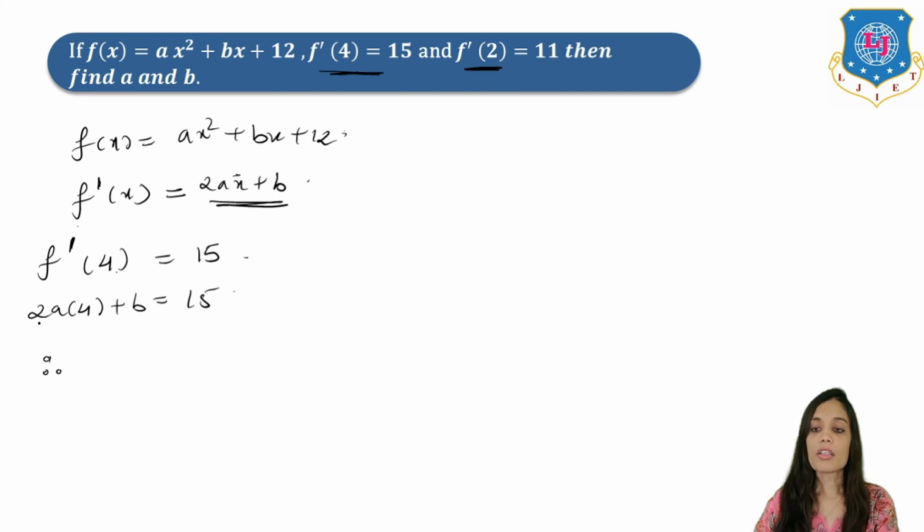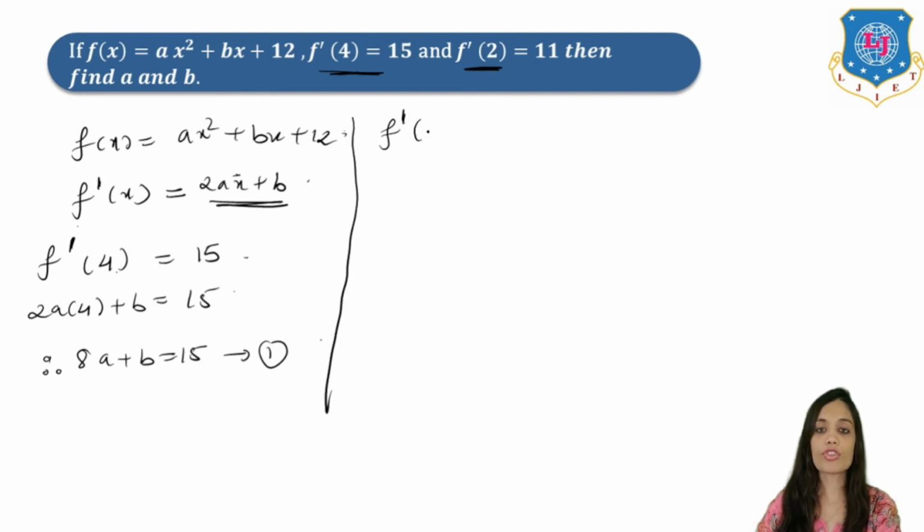So on simplification, my equation will be 8a plus b is equal to 15. Let us name this as equation 1, right? Let us use the next criteria, that is f dash of 2 is equal to 11. So now in this I have to put 2 in place of x. So it will be 2a into 2 plus b is equal to 11.